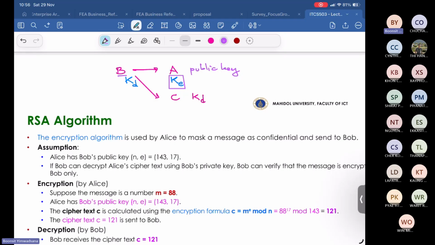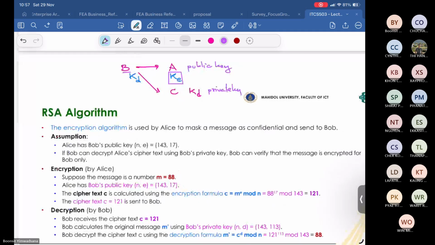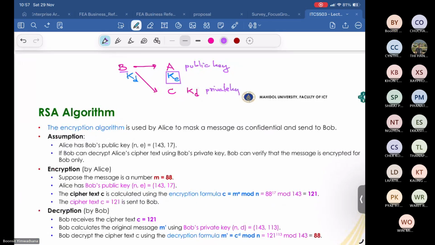Okay, D is our private key. Bob can send this public key to many people.